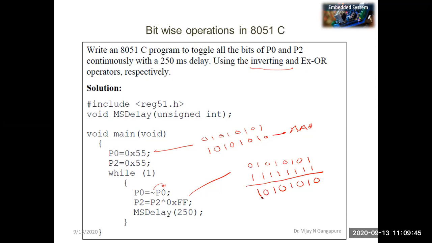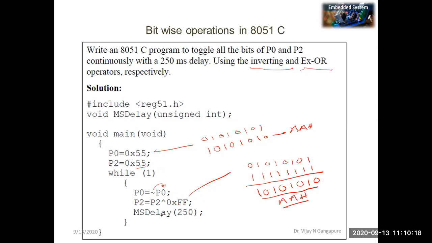So what is this data? It is actually AAH. Means we are using this XOR operator to invert content in port 2. Previously it was 55, now it becomes AA. We have just inverted it, and that we are again assigning to port 2. Means to port 2 I am outputting AA, which is the inversion of the previous content, that is 55. So we are using the XOR operator for the inversion here.